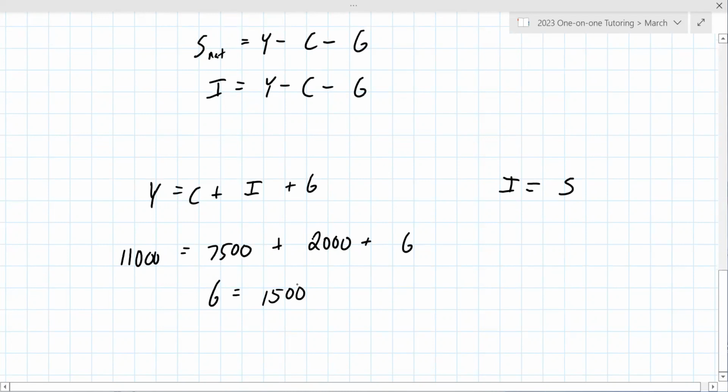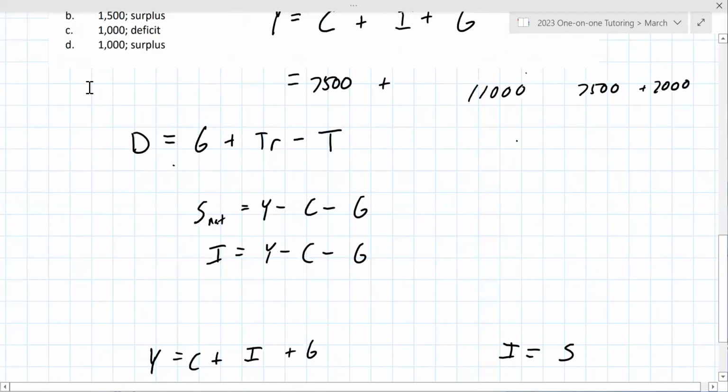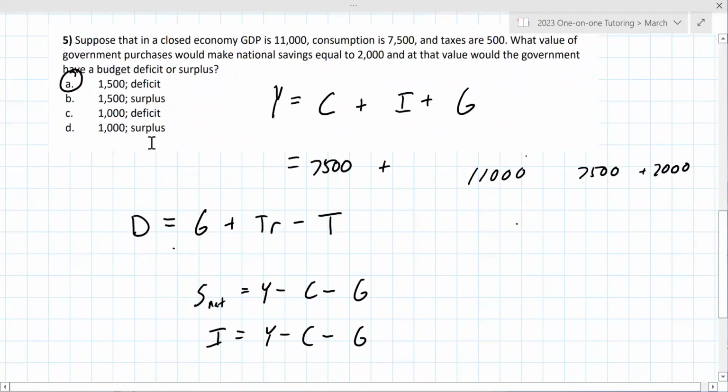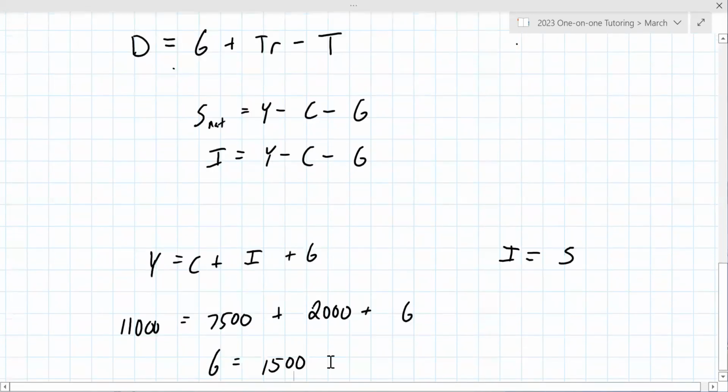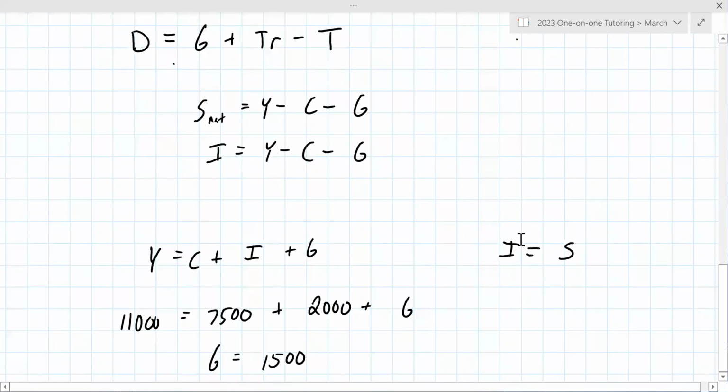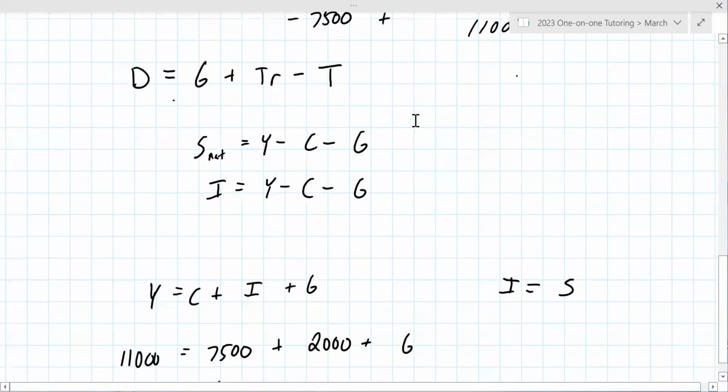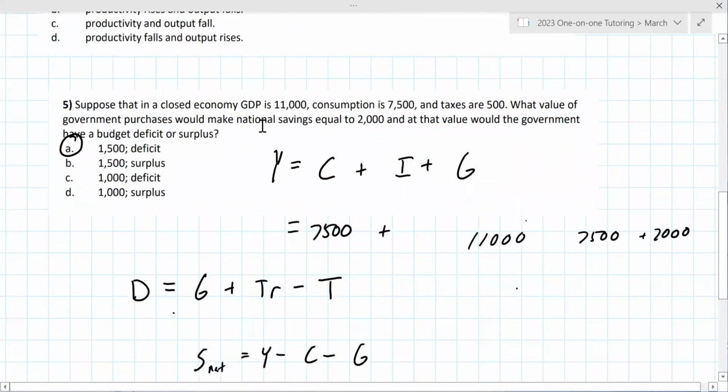And so that gets you down to either A or B. Well, no, wait, what is the question? Sorry. It says at what value would the government have a budget deficit or surplus? Okay, so they only took in 500.